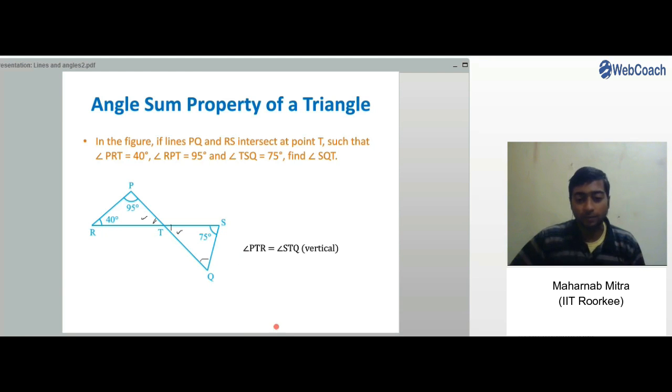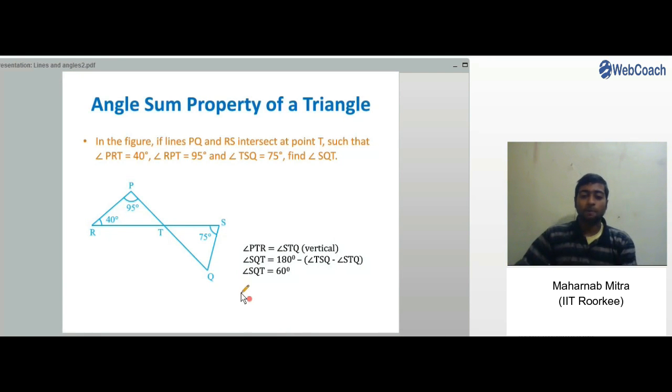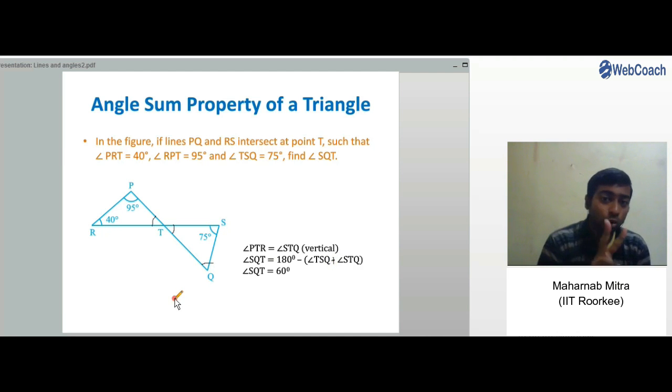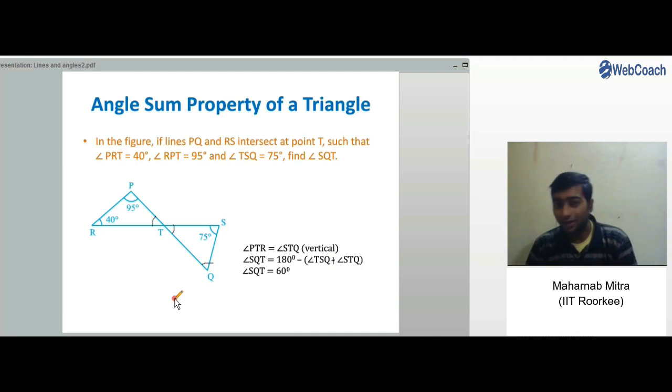Now let's see how we proceed in this way. So you can see we know that these two angles are equal, and you can find out the value of this very easily. Angle SQT is 180 degrees minus the sum of the two remaining angles, because we are subtracting the sum of the two known angles from 180 degrees to get the third angle, right?